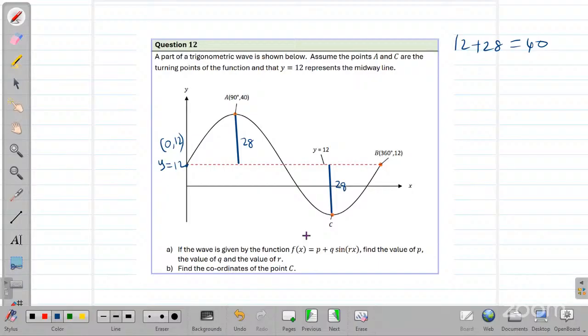So 12 minus 28 gives you the least value, and this will be like 12 minus 28 gives you negative 16. So this coordinate will be negative 16, and this definitely will be 270 degrees, because sine at 270 degrees gives you the least possible value.